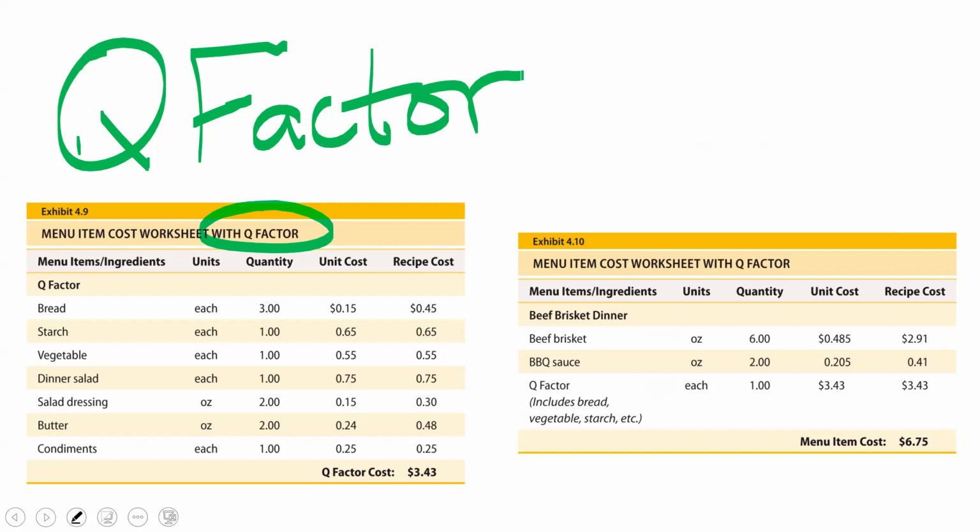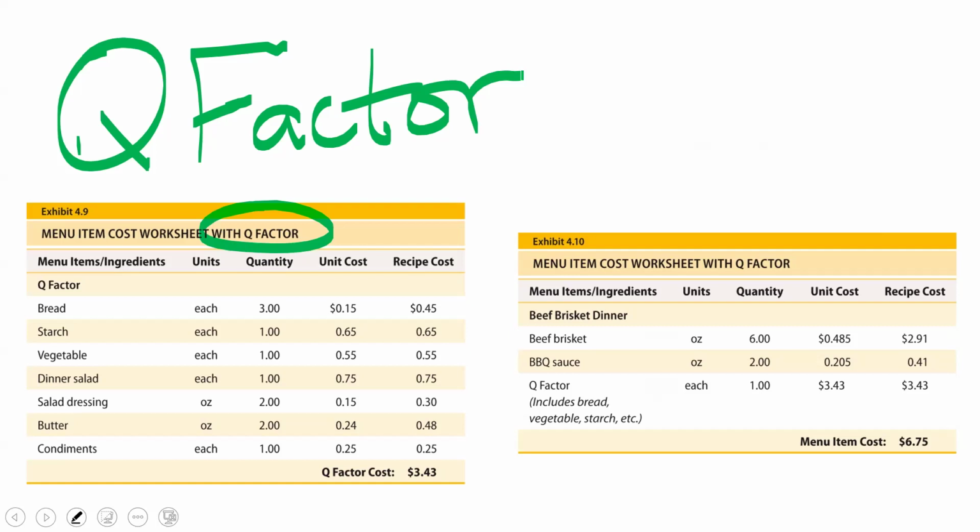Oh, it's right here. Number 6. Number 6 is the Q factor, refers to the total of all similar complementary items in a plate. Okay. So things like the bread basket that Brian mentioned a little bit earlier, those chips and salsa, right?